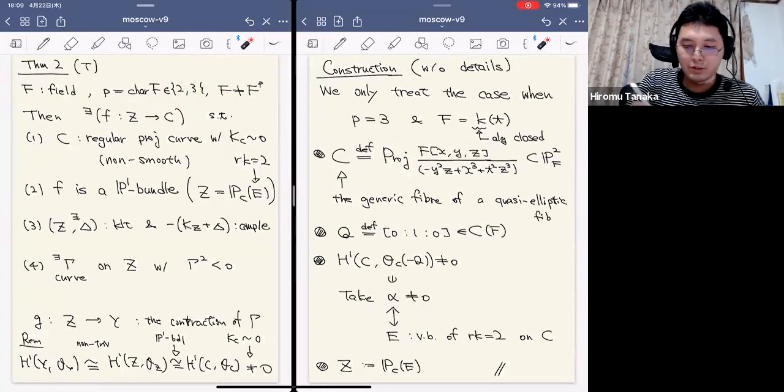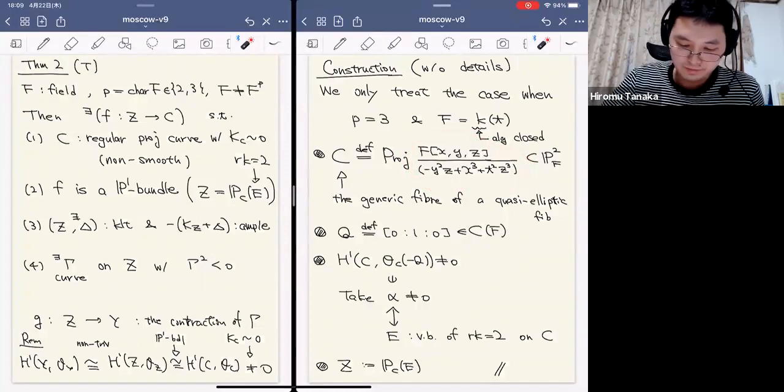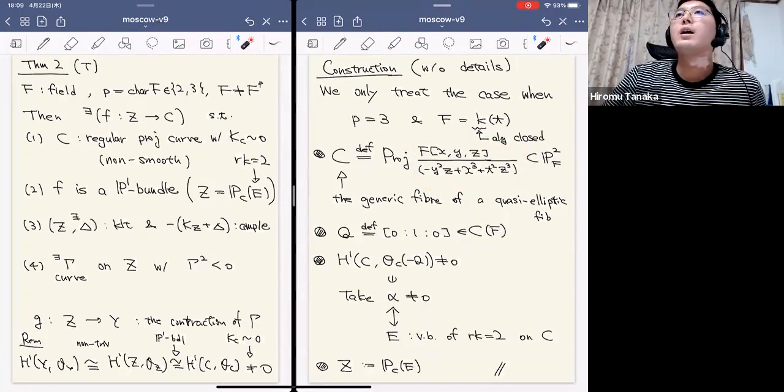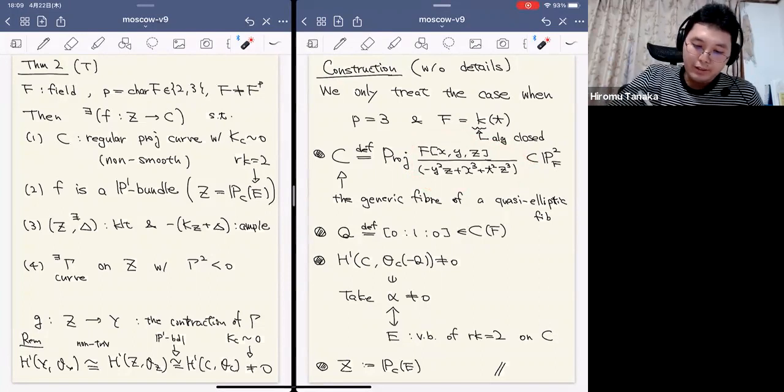Also in characteristic 2, I use a similar equation. So we start with a cubic curve and we take a rational point of C, namely (0, 1, 0). So this is a rational point of C.